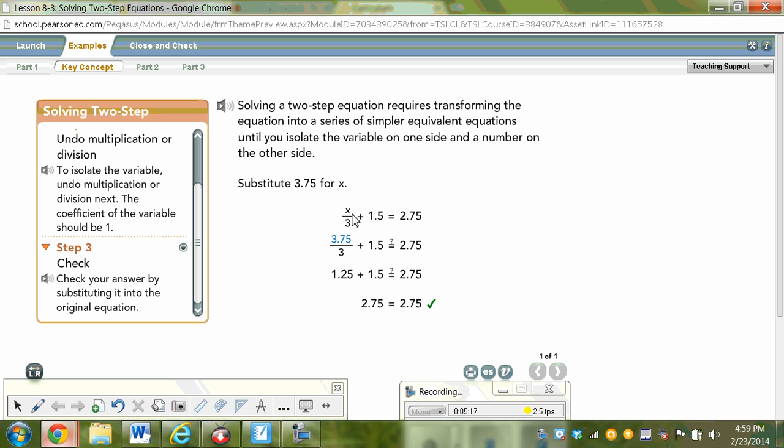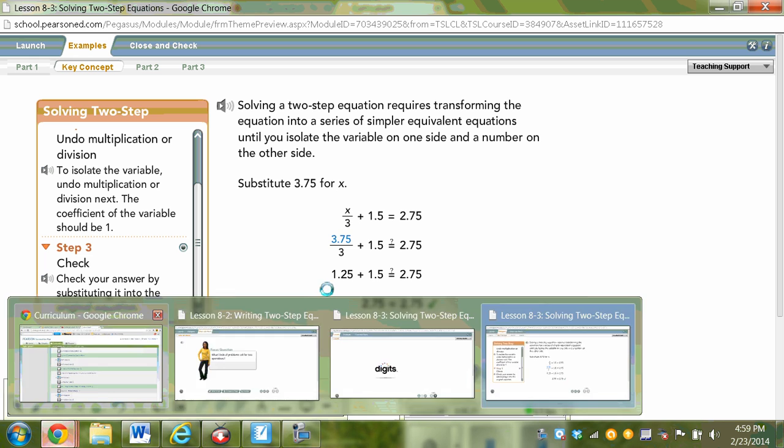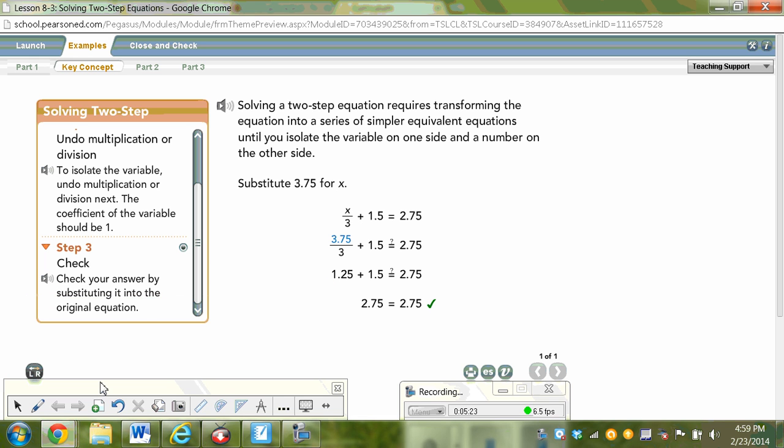I plug that in right there because that's where there was an x. I do the math. 3.75 divided by 3 gives me 1.25. 1.25 plus 1.5 does in fact equal 2.75. These are both equal. It checks. We're all happy. You're happy, I'm happy, and the equation's happy.